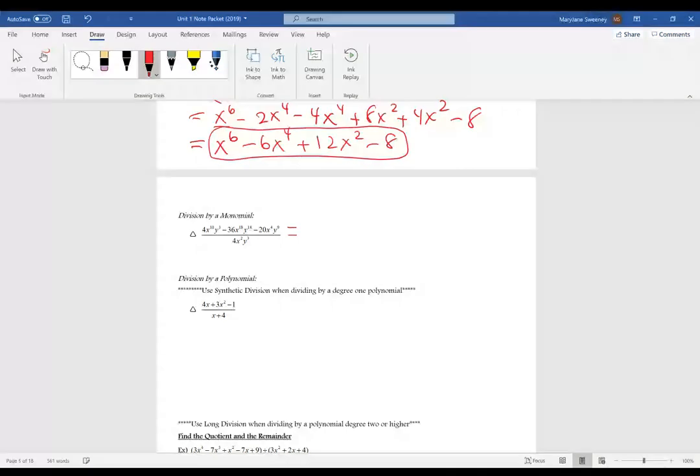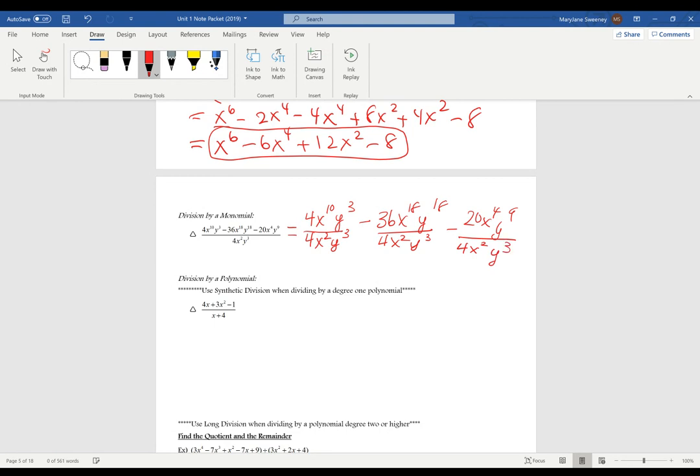So basically what you're doing is you're taking 4x to the 10th y to the 3rd, and you're dividing by 4x squared y cubed, minus, then you're taking the 36 x to the 18th y to the 18th, and you're also dividing that by 4x squared y cubed, and then you're taking the 20x to the 4th y to the 9th, and you're also dividing by 4x squared y cubed.